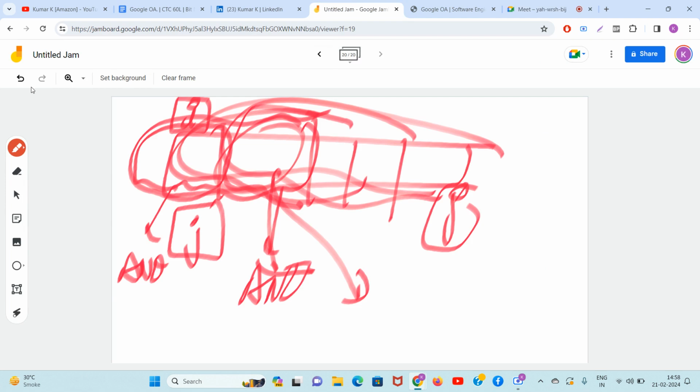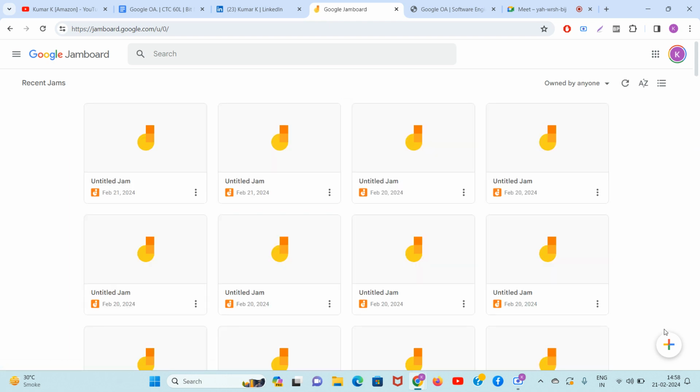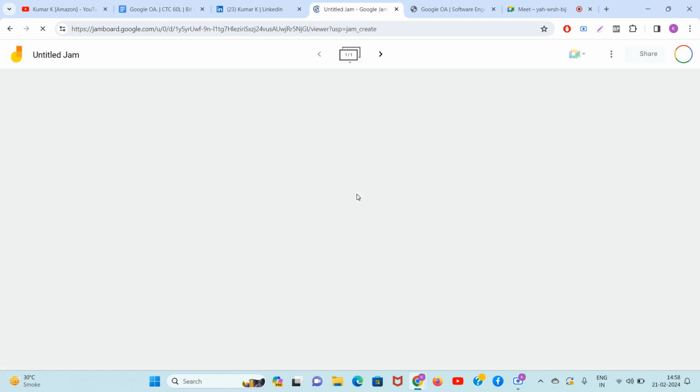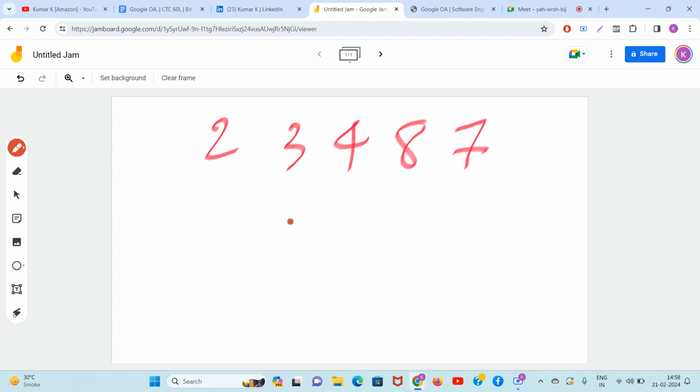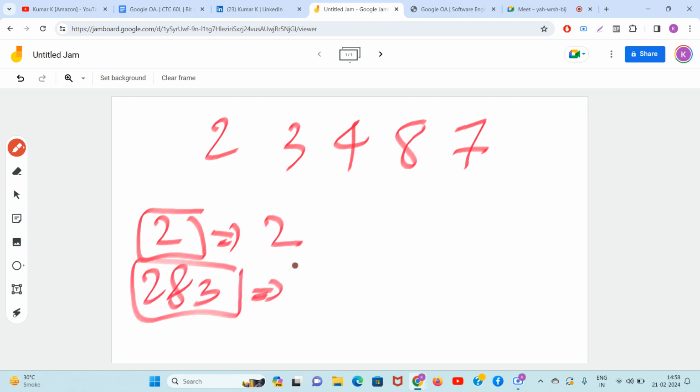I'm not doing anything special here. I am just considering all the subarrays, which has been taught to you since childhood. The array is 2, 3, 4, 8, 7. First I am calculating the AND of 2, which is 2. Then the AND of 2 and 3.